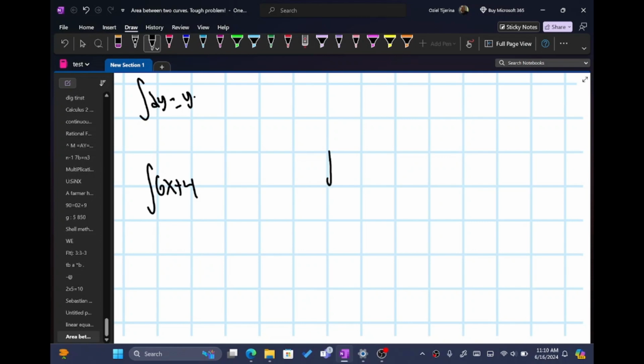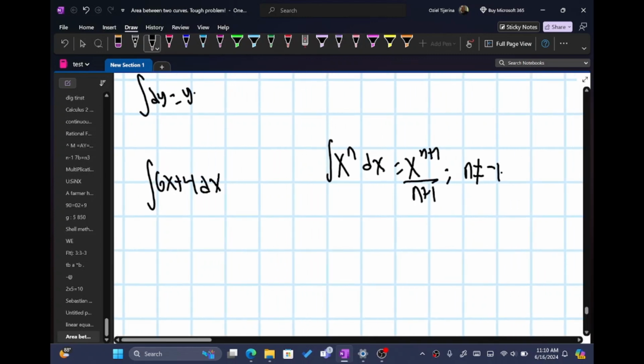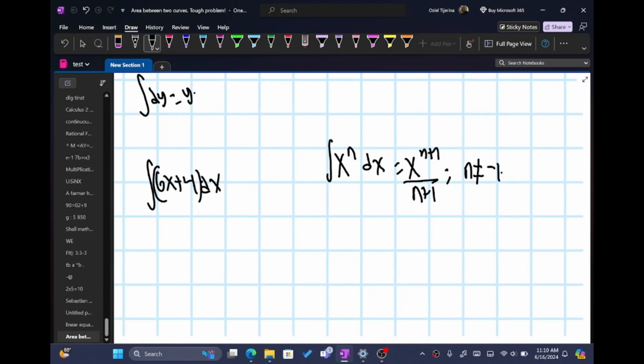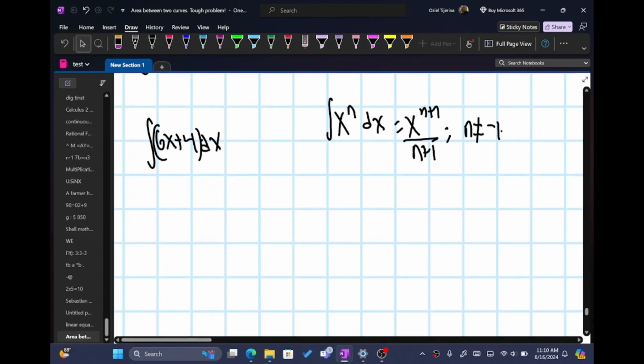Very quickly, the integral of x^n dx is equal to x^(n+1) over n+1, such that n does not equal negative 1. If y'all have questions over that, I think I have videos over the power rule of integration in one of my calculus playlists, but we're just going to take the integral of this.